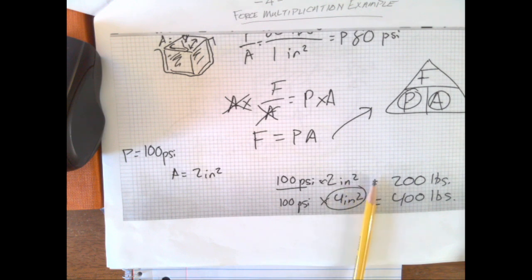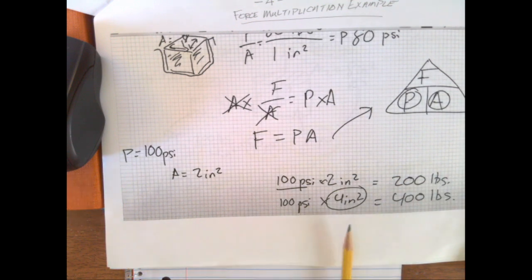So you're getting 200 pounds of lift force with 100 psi. That's a factor of 2 to 1. Down here we have the same pressure in the same vessel, but a much bigger cylinder. We have 4 square inches.